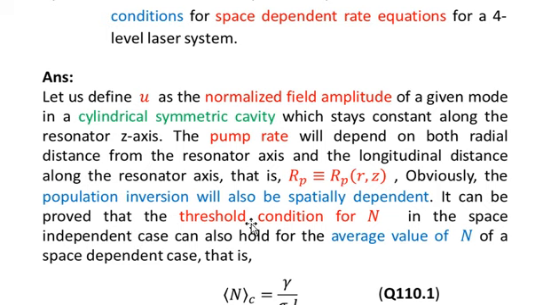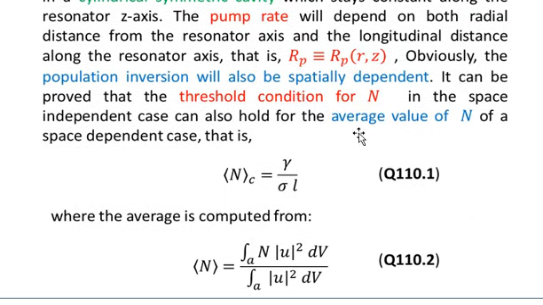It can be proved that the threshold condition for n, where n is the population inversion, that is the difference between the population in level number 3 and the population in level number 2 of a 4-level system, in the space independent case can also hold for the average value of n of a space dependent case.